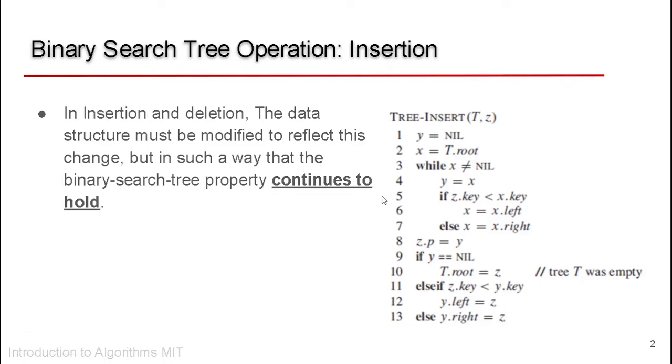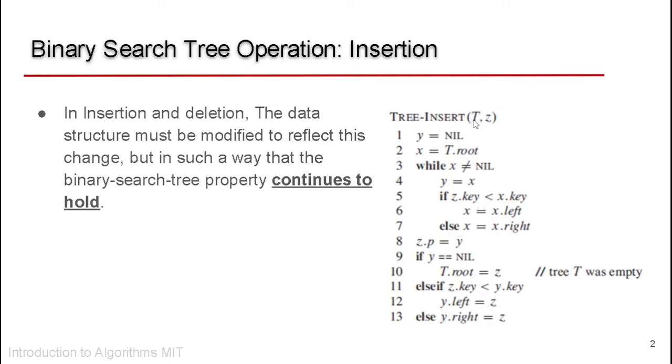So the most important thing is to insert the node in the right place, not to insert the node in any place in the tree. If we express this by pseudocode, and pseudocode is just writing the program in normal speaking language, without language-specific keywords, we can express it by a function called tree insert.